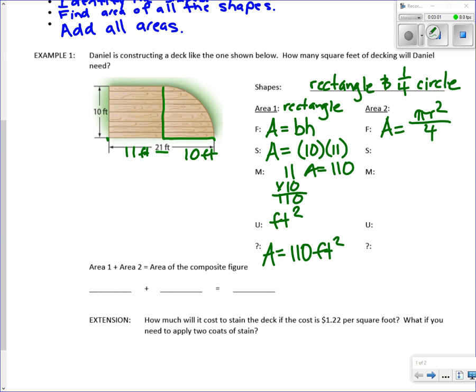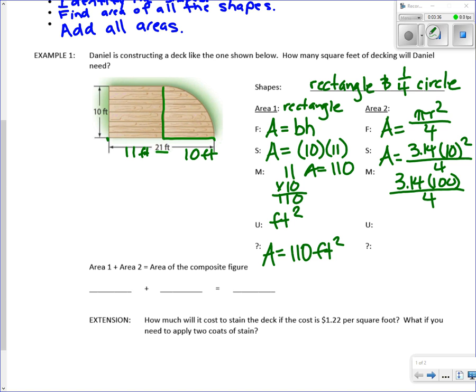So my substitution is 3.14 times my radius, 10, squared, and all of that divided by 4. Remember, squared means you multiply by itself. So 10 times 10 is 100, divided by 4.